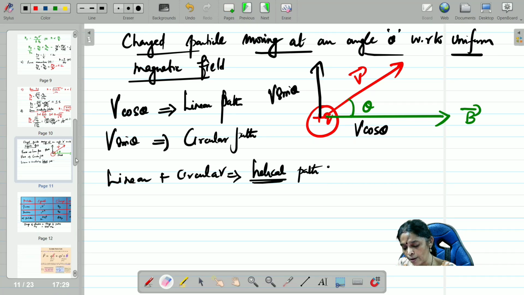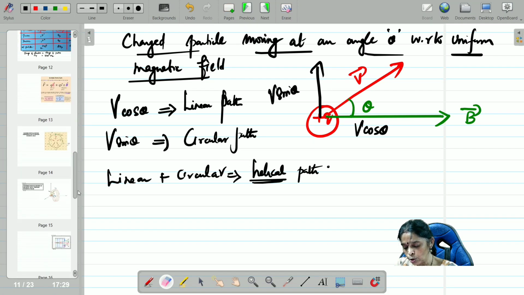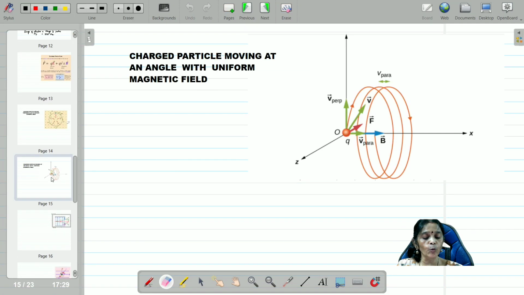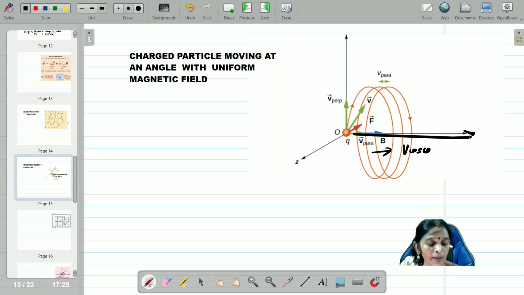Since it is a helical path, how does it move? Like this it will move. The horizontal velocity, the v cos theta component, pulls the charged particle towards the right, in linear motion.